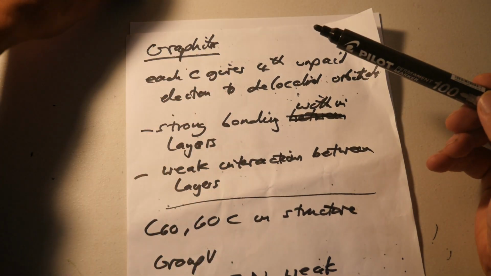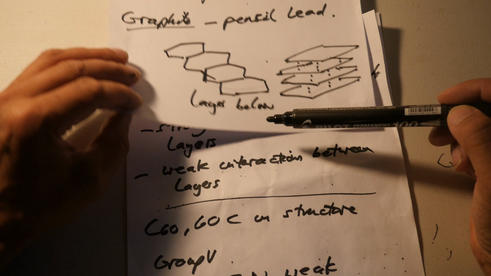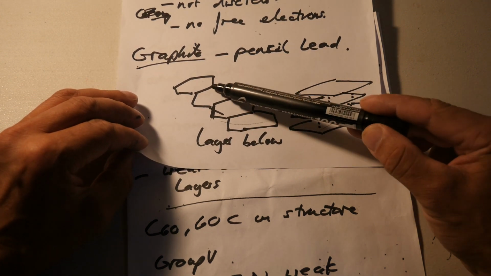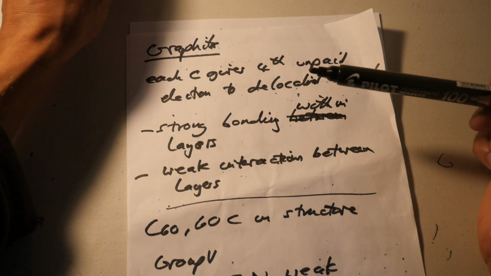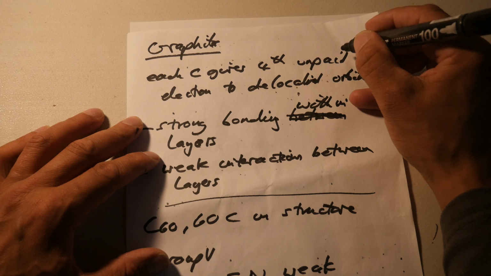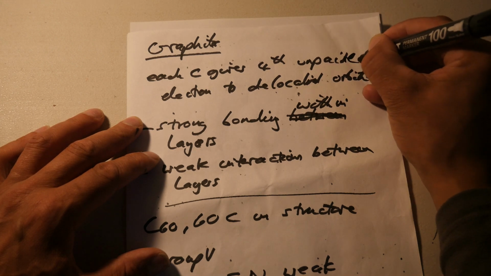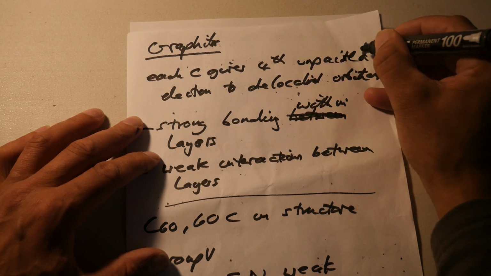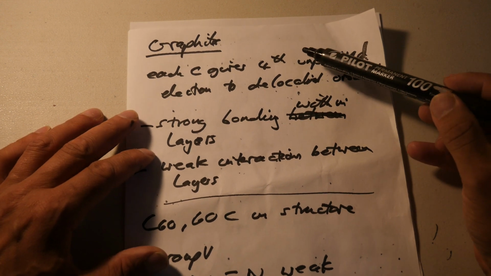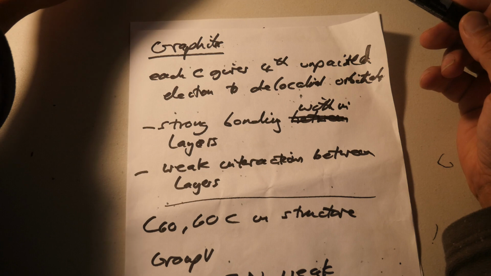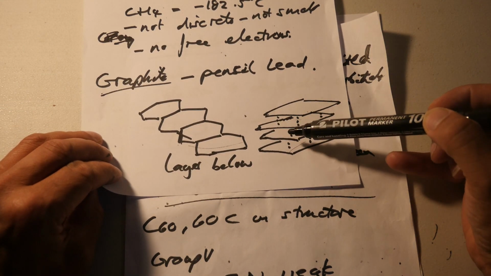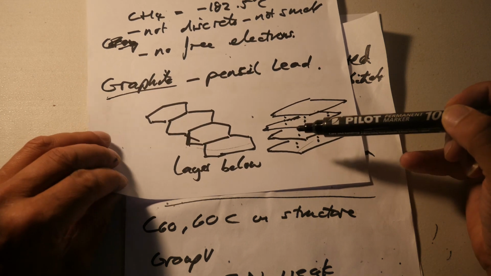Each of these vertices is a carbon atom. Each carbon gives 4 unpaired electrons, to make what we call delocalized electrons. So you get weak interactions between the sheets, which holds them together.